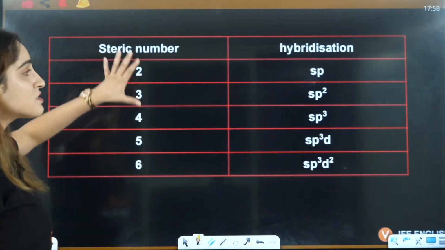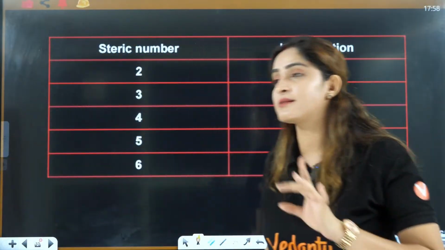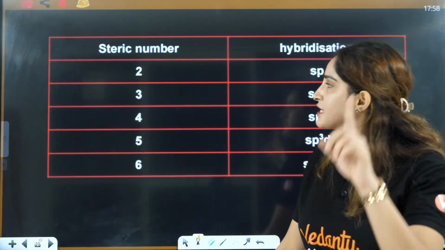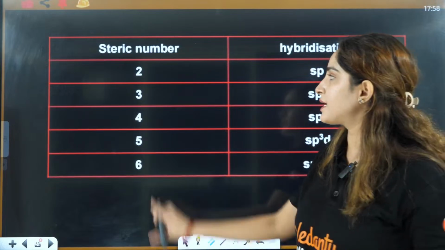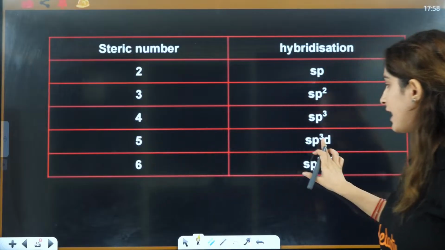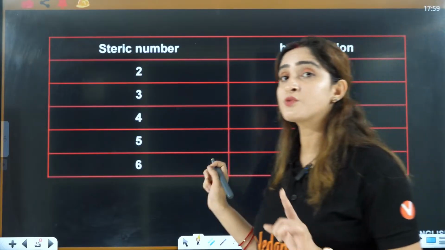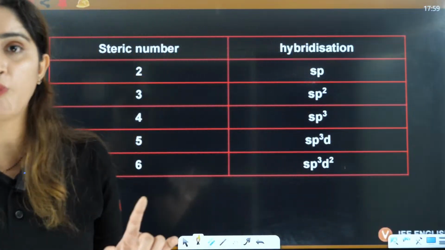And each steric number has a specific hybridization designated. If the steric number is 2, it is sp. If it is 3, sp2; 4, sp3; 5, sp3d; then 6, sp3d2. That's it. This is what you will use in chemical bonding.